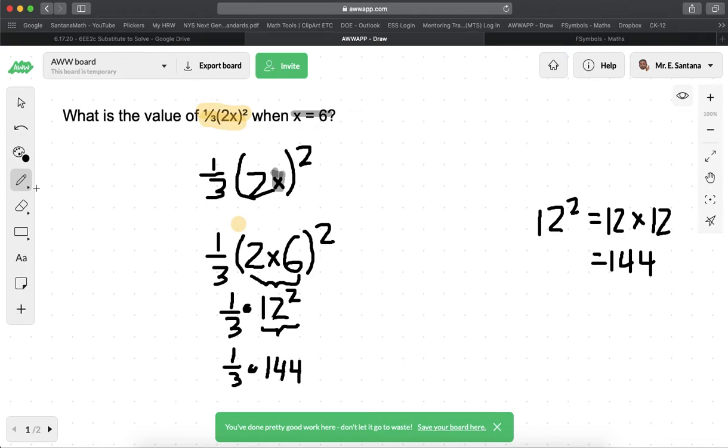If you recall working with multiplying a fraction by a whole value, you just put the whole value over 1.